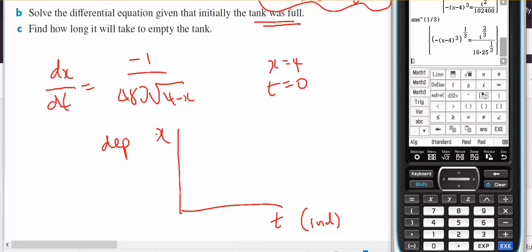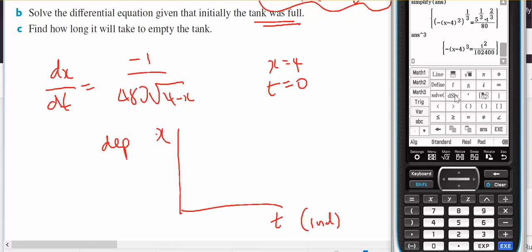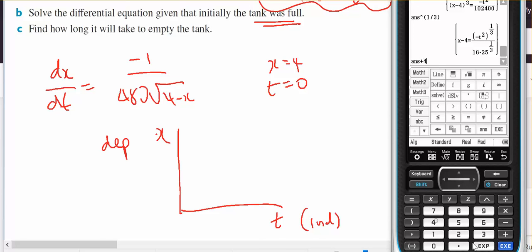Simplify, make it like that negative. Simplify the answer. So maybe if I cube both sides and then multiply both sides by -1. And now raise both sides to 1/3. And then plus 4 to both sides.